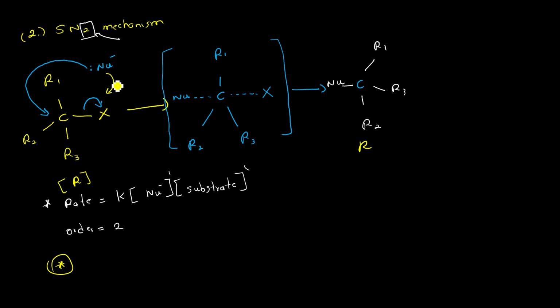When the nucleophile comes in this direction, our leaving group's electron cloud will repel it. The only possible way for the nucleophile is through here. So to bond with carbon, there's only one position for this nucleophile. It's the opposite direction of X. So if your initial molecule is R, then definitely your final product will be S. The inversion of configuration will be achieved in this case. So the configuration will be changed.